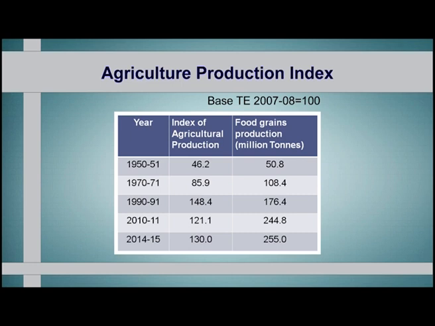If you see the index of the agriculture production, in 1950s it was 46.2, in 1970-71 it increased to 85.9, and in 1991 it increased to 148.4, in 2010-11 it increased to 221. In fact, it decreased that time relatively. Then 2014-15 it has increased to 130.